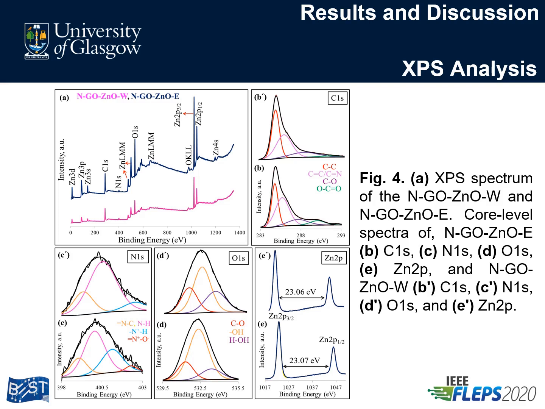The difference in individual binding energies of both nanomaterials was due to the difference in charge transfer between zinc and oxygen, which are surrounded by a different chemical environment. Further, the spin orbit splitting of 23.07 and 23.06 electron volt between zinc 2p3/2 and 2p1/2 of both nanomaterials respectively confirmed the presence of pure +2 oxidation.